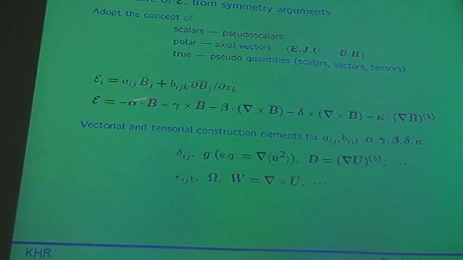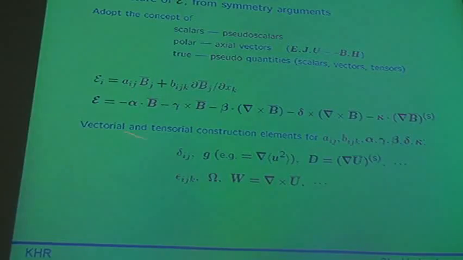If you look at this relation, this is a polar vector. All the other quantities are pseudo quantities. B is a pseudo, axial vector, and so that you get a polar vector here, this must be a pseudo tensor, and this must be a pseudo tensor.